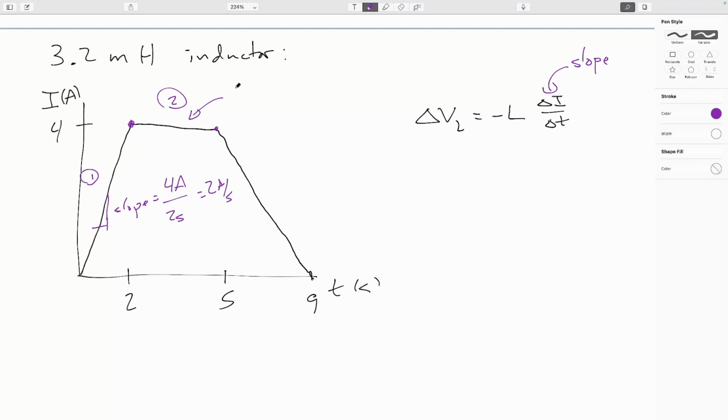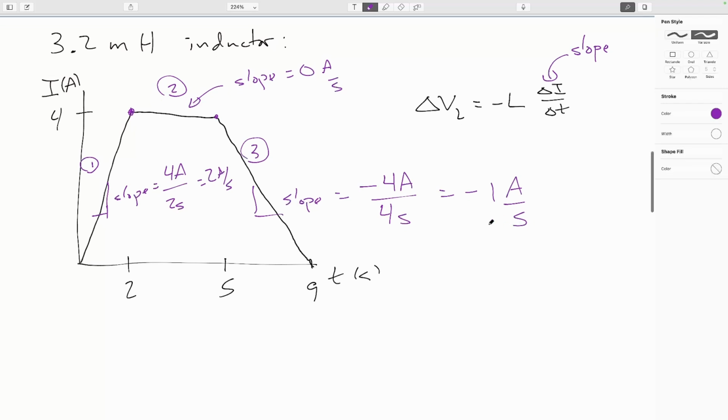The current never changes, so the slope will be 0 amps per second. Then here in segment 3, my slope will again be the rise over the run. Now here my rise is negative 4 amps and my run is 4 seconds. So my slope is minus 1 amp per second.